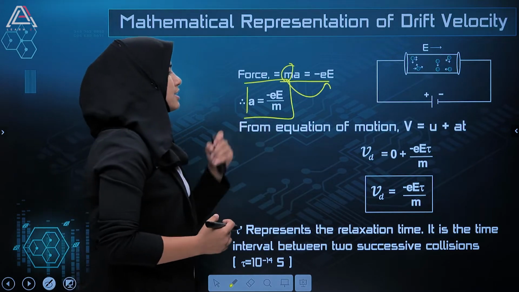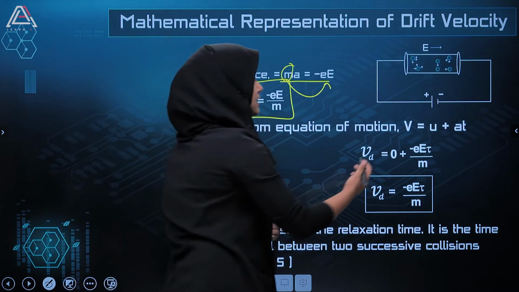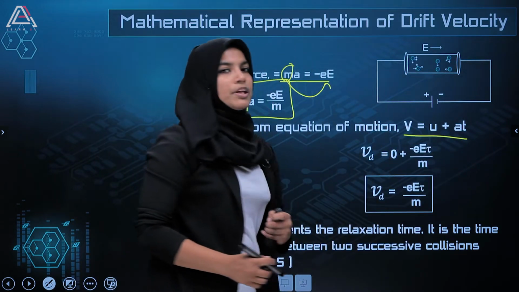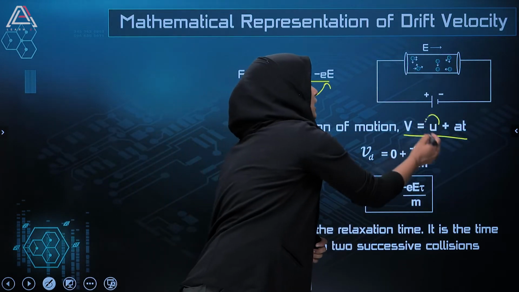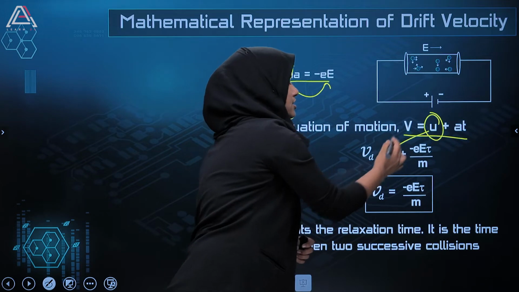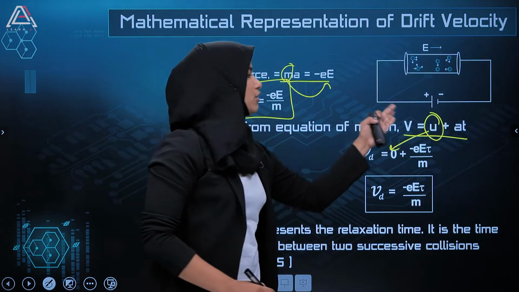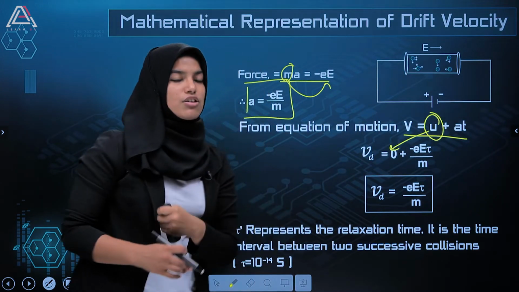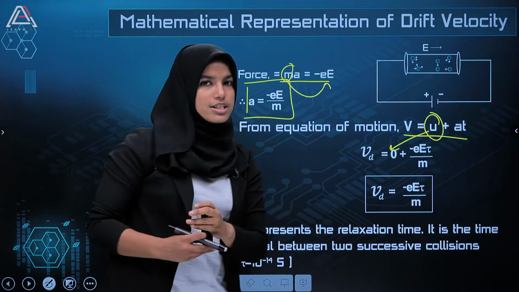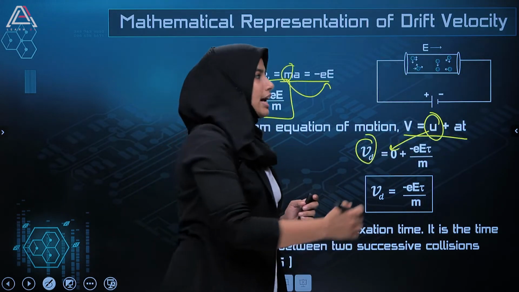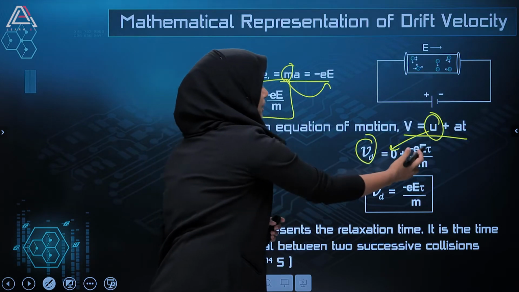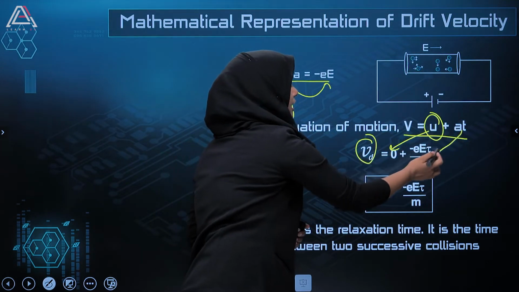Okay, now consider the equation of motion v is equal to u plus at. Here initially the electrons do not have any velocity, so u is 0. So the velocity attained by these electrons is Vd, or drift velocity. So Vd is equal to, instead of a I am writing minus eE by m, and instead of t I am writing tau.